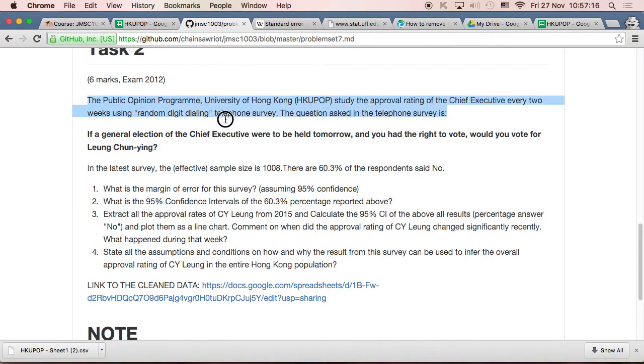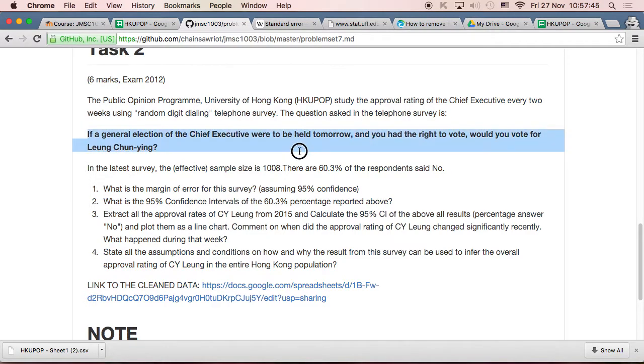The public opinion poll of HKU POP studies the approval rating of the chief executive in Hong Kong every 2 weeks using a random digit dialing telephone survey. The question asked is, if the general election of the chief executive were held tomorrow and you have the right to vote, will you vote for CY Leung?